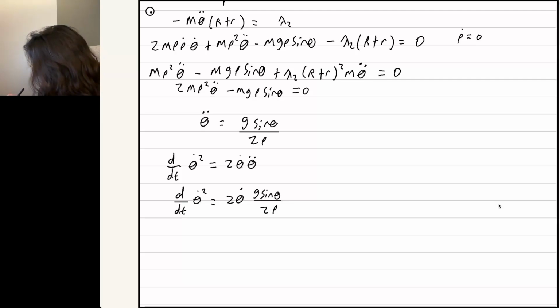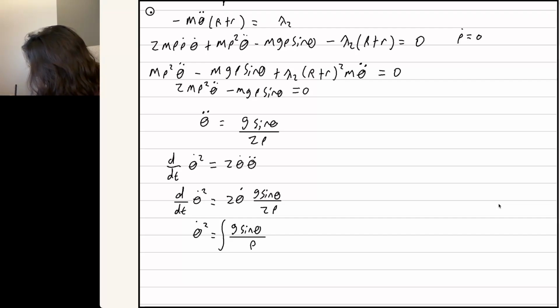Turning this into an integral, you'll have theta dot squared is equal to, the 2's will cancel out, so you'll just have g sine theta, it's an integral, divided by rho.